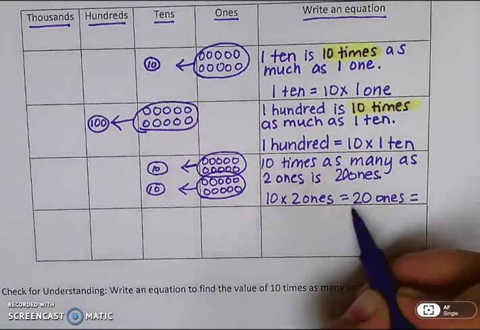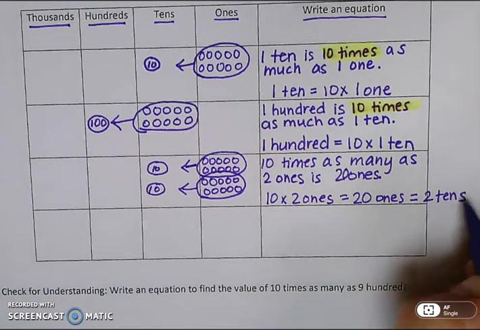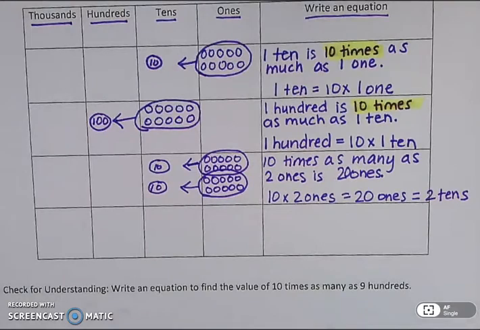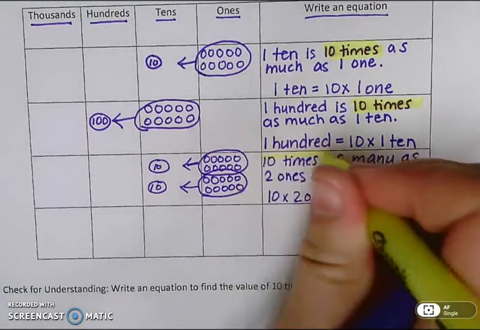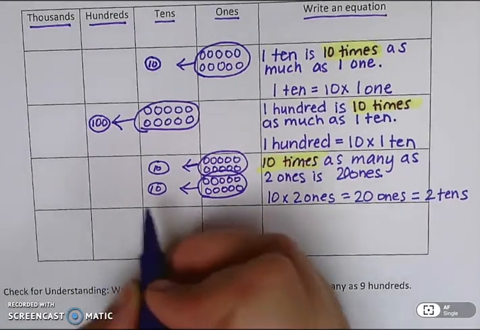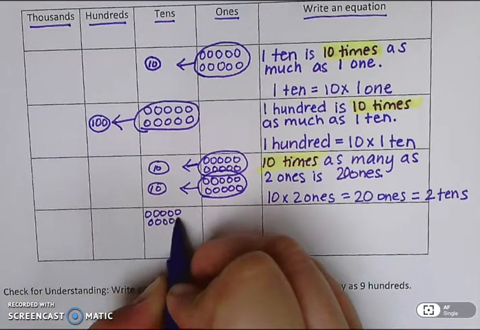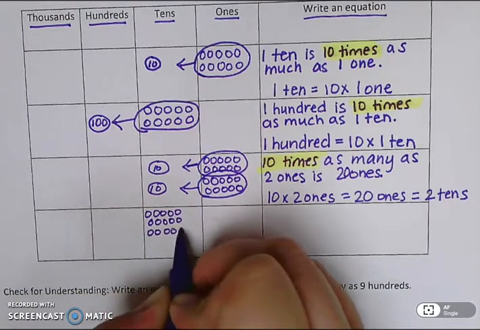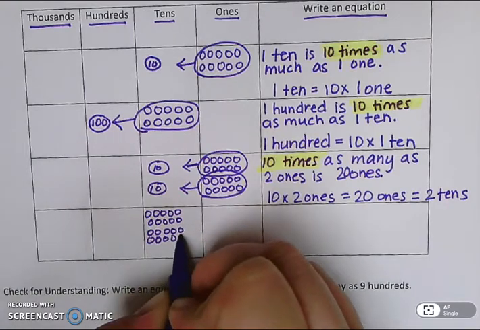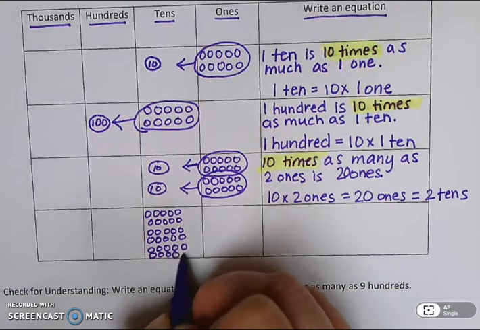And what does 20 ones equal? Well, it equals 2 tens. So again, we've got our 10 times here. 10 times. And lastly, let's say we have 30 tens. There's 10, 20, 30.